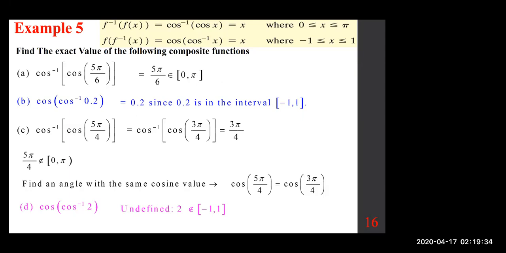And it can only go from -1 to 1, and that's why it's out. Does that work? Is there any question? Between -1 and 1, yeah. And 2 is not in that range.